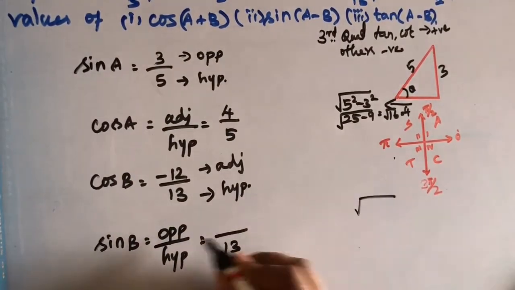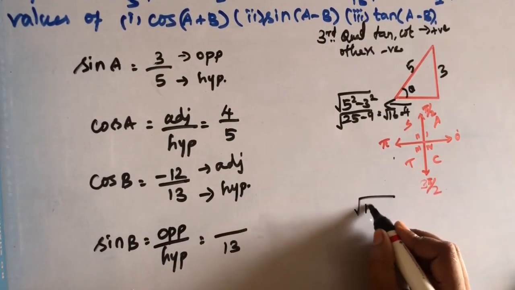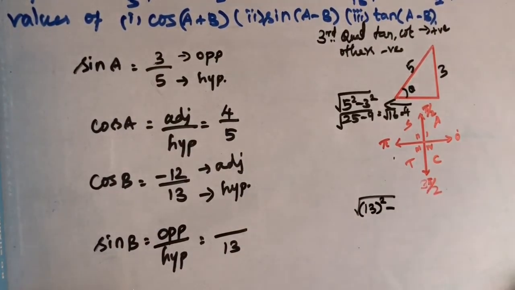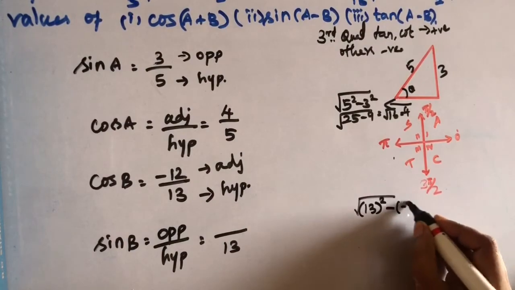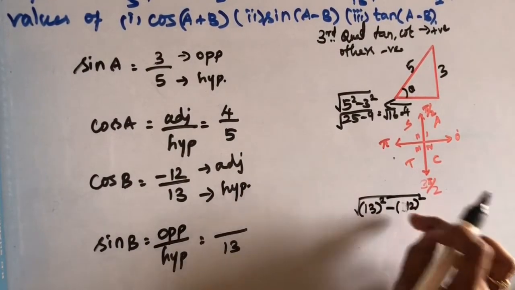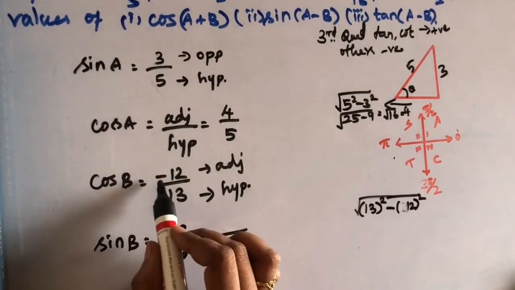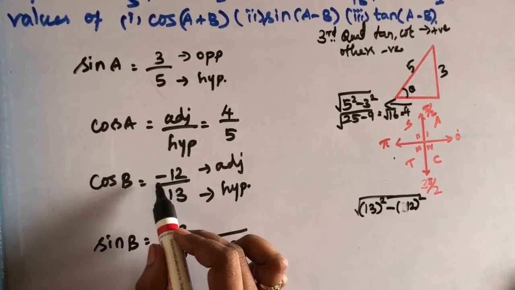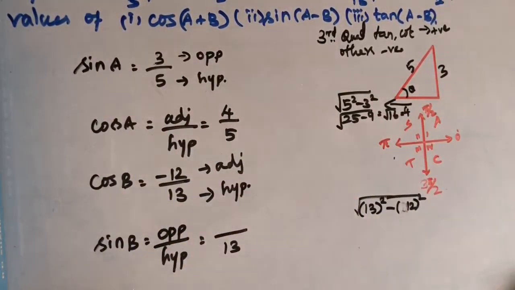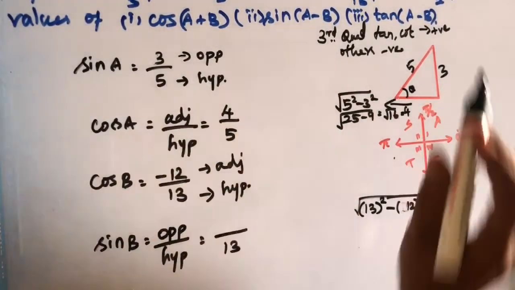Square root of hypotenuse square, 13 square, minus adjacent side square, that is minus 12 square. Okay, it is just 12 square. This minus denotes the direction; the value is 12 only. Usually the measurements are all positive.